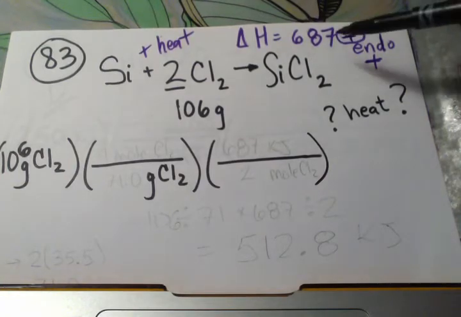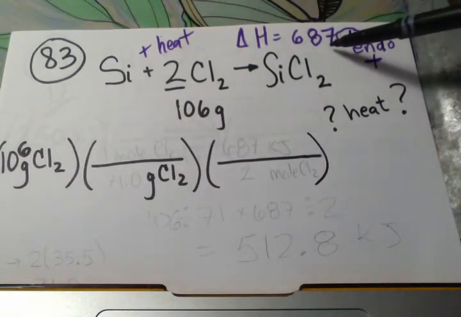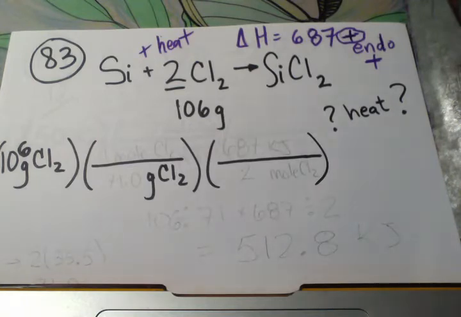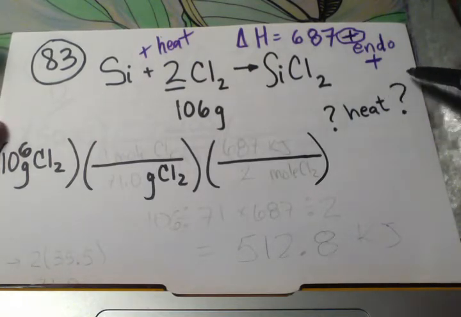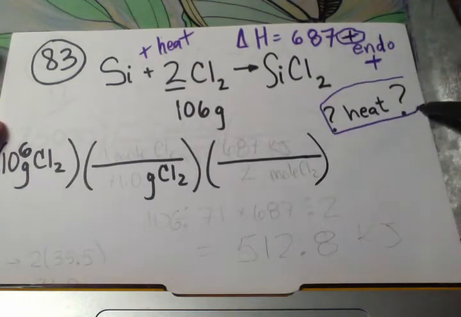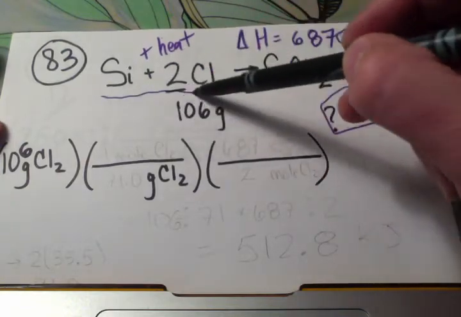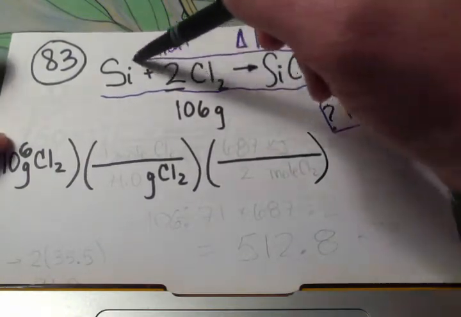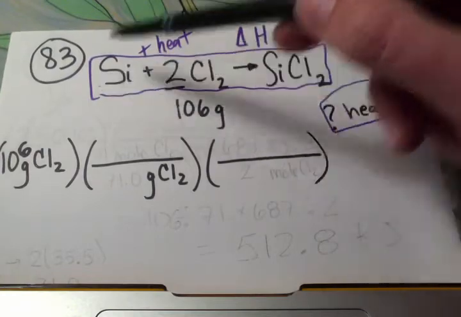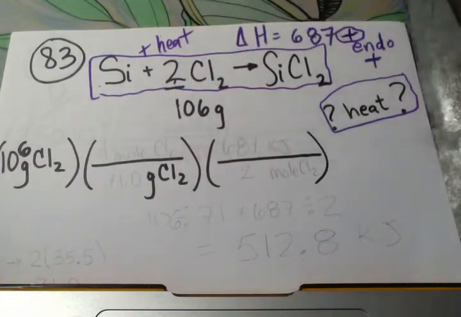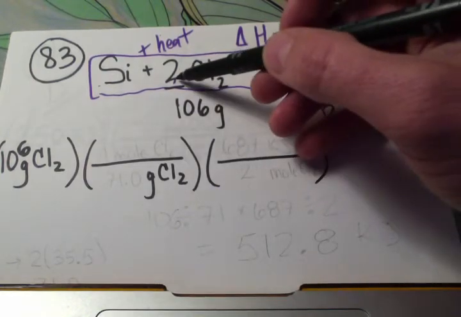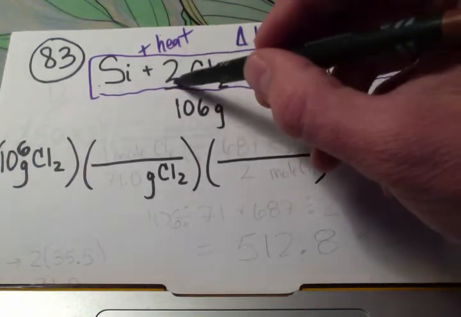So you're given this value, and that is the heat required to make it happen. But those values are listed for the ratios in this balanced equation. They're listed for 1 mole of silicon, 2 moles of chlorine, 1 mole. So the question is you don't have exactly what the listing is.